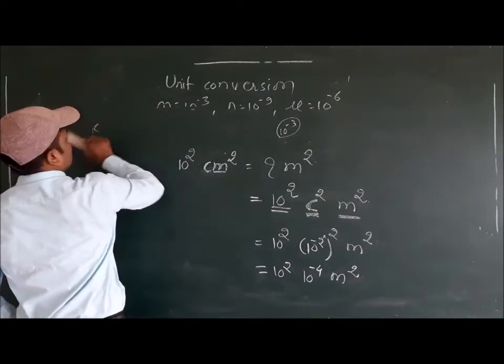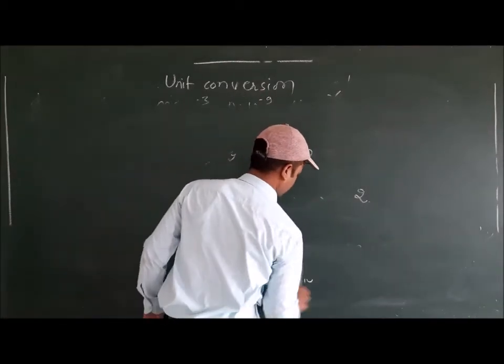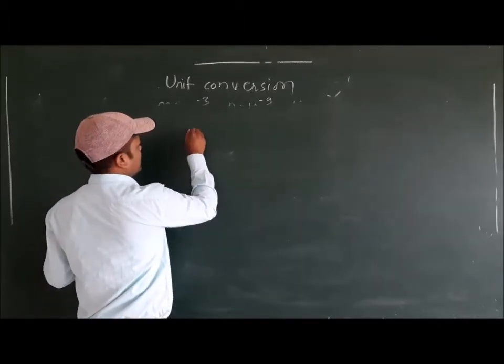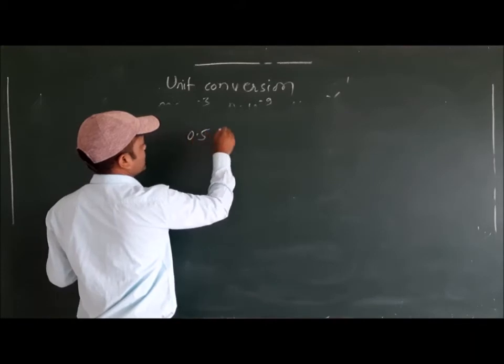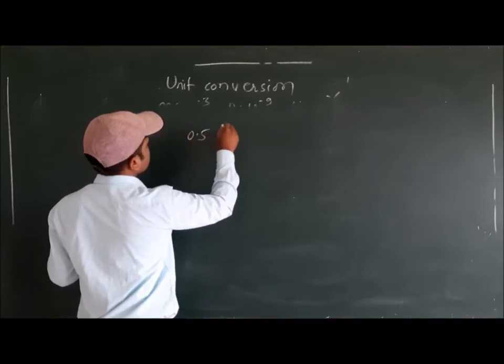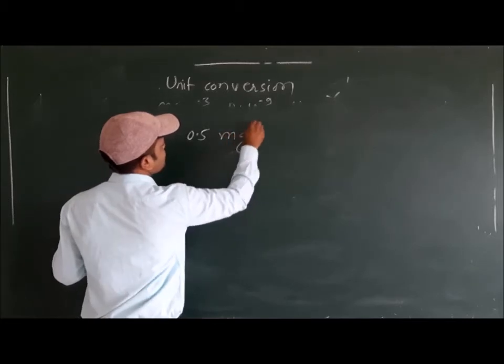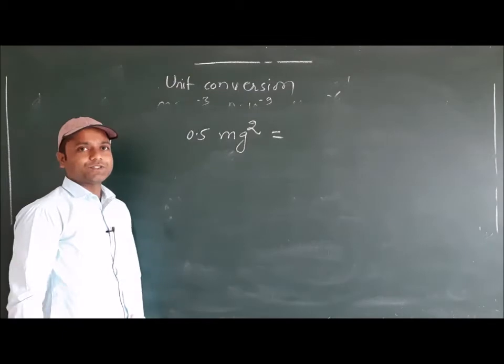Then again one example. Suppose 0.5 milligram square is there, and I have to convert into gram square.